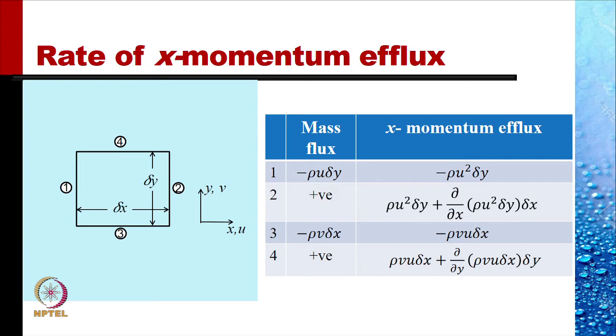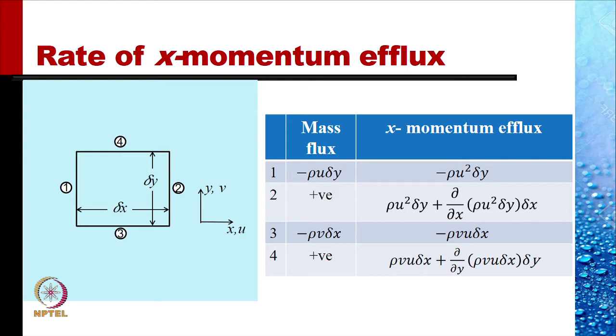We have used a minus sign because this is an influx. We use a positive sign for efflux and a negative sign for influx. So the x momentum crossing this surface per unit time, that is the x momentum flux, is minus rho u delta y into u, or minus rho u square delta y.